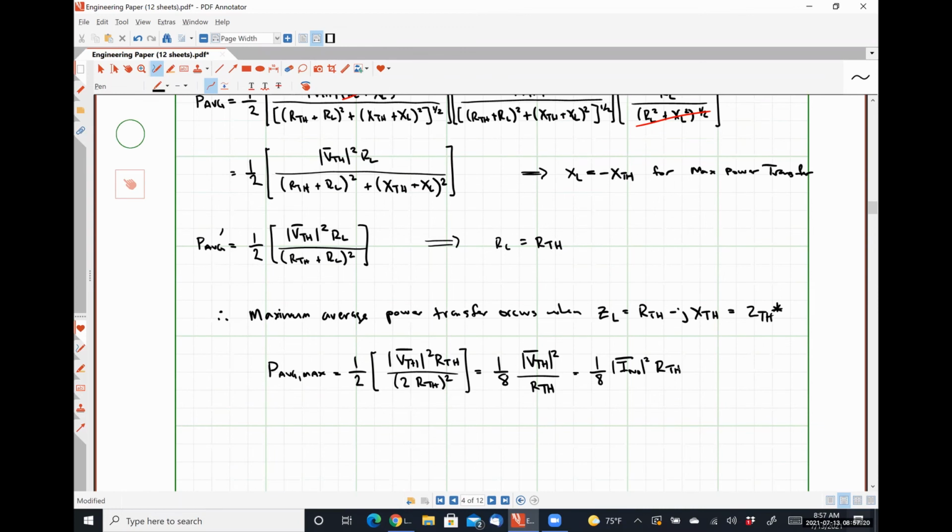If it's more inductive than capacitive, it's going to behave like an inductor. And if it's more capacitive than inductive, it's going to behave like a capacitor, because you can combine those two impedances together to get a single equivalent impedance, which will be purely imaginary, but it'll either have a positive sign, meaning it's inductive, or a negative sign, meaning it's capacitive.